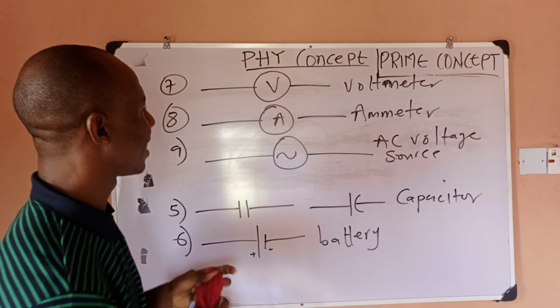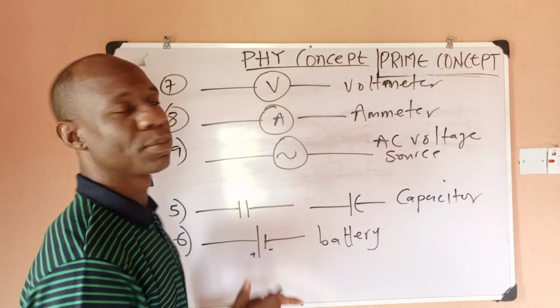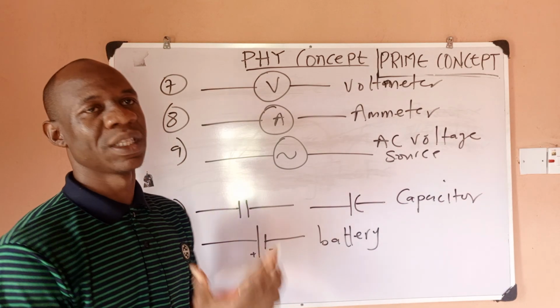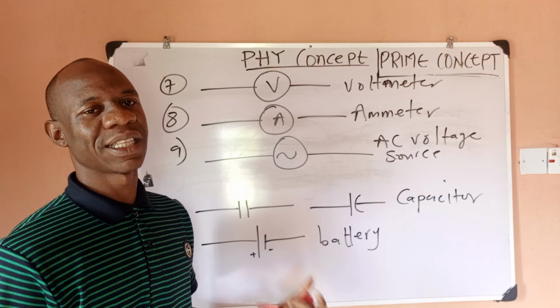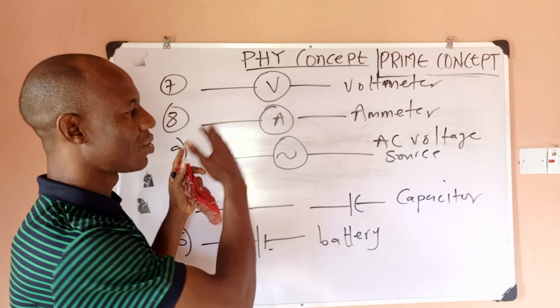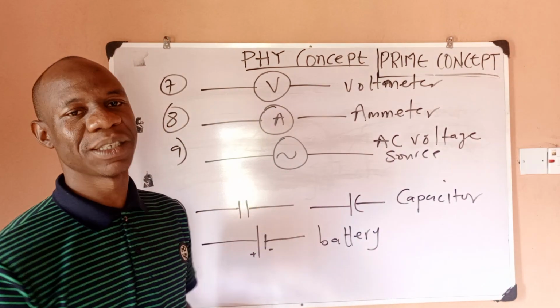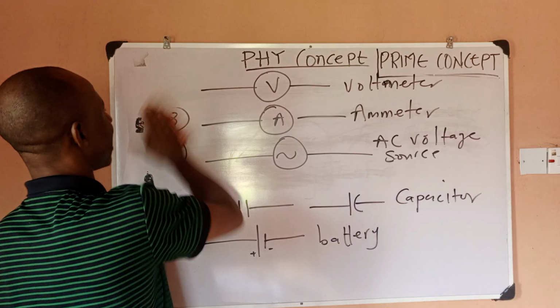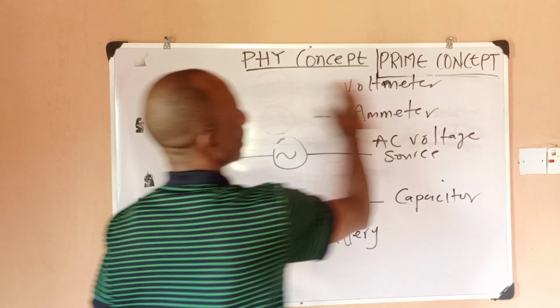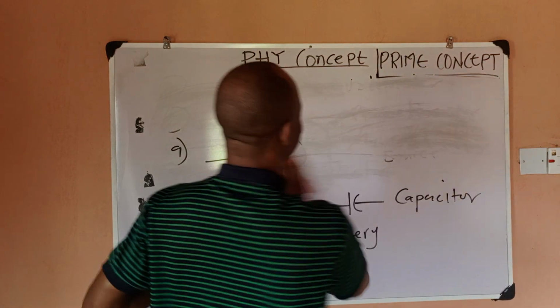Now, from what I initially explained, I gave a simple illustration of a circuit with a bulb connected to a battery. We're going to draw that using the electrical symbols we have learned, and see how to change that into an electric circuit.